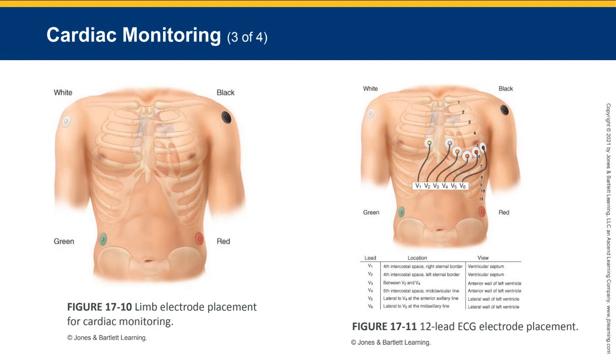Don't think about it too much now. I'm going to come back to this later on. What I want you to note is that for your 12-lead, it's 10 electrodes giving you the 12 leads, and for your cardiac monitoring, it's 4 electrodes, but we can only see 3 leads. Full stop, going forward.